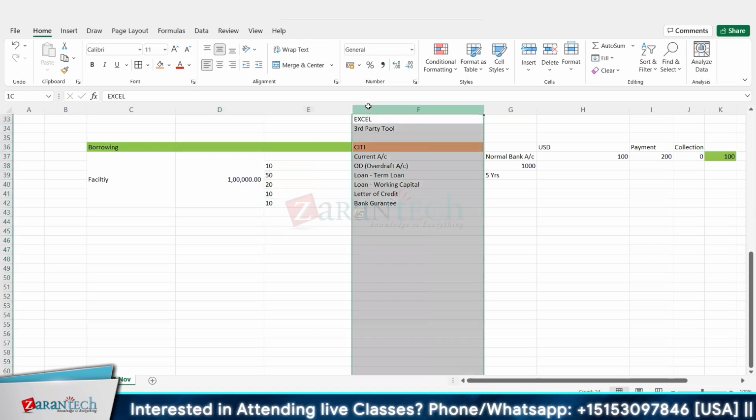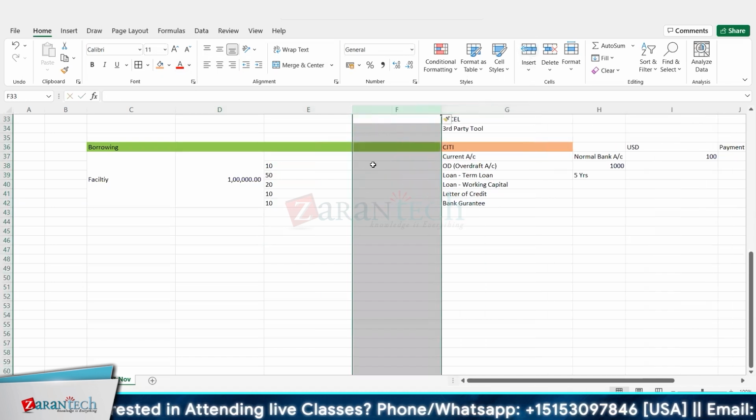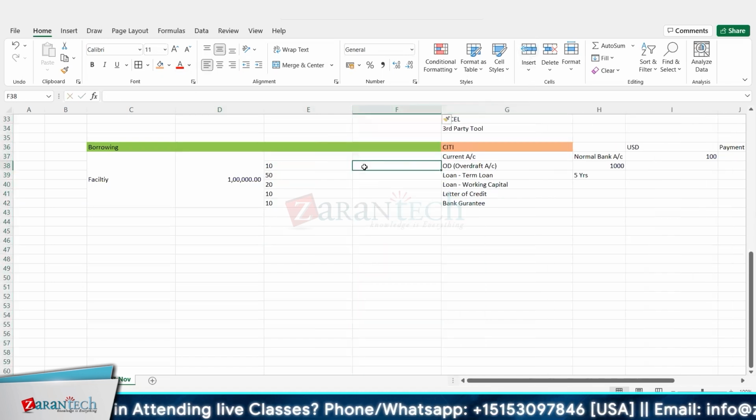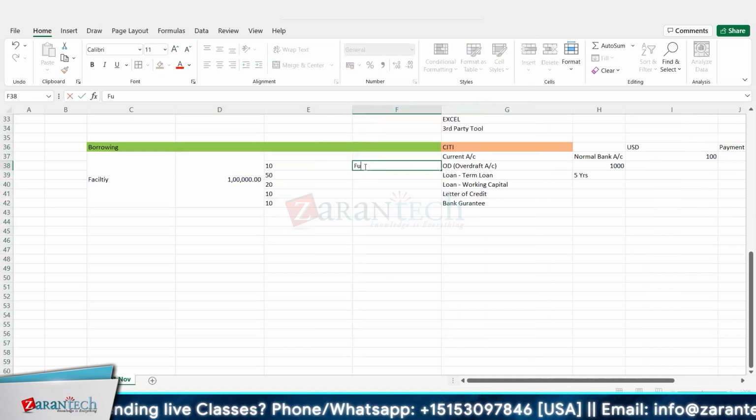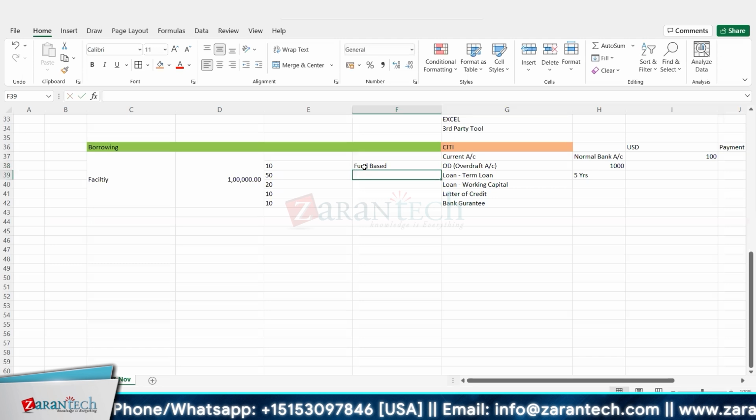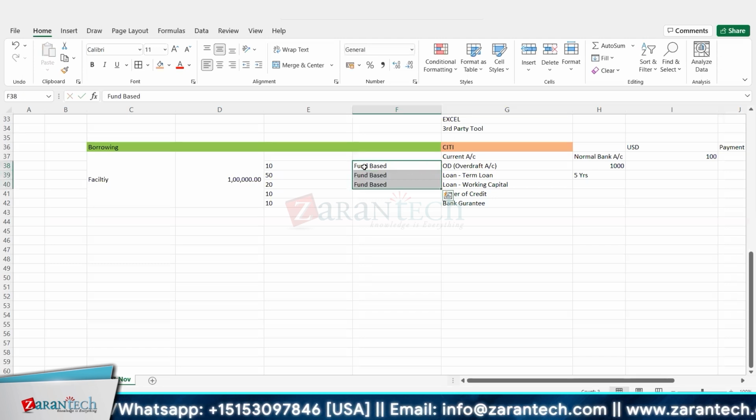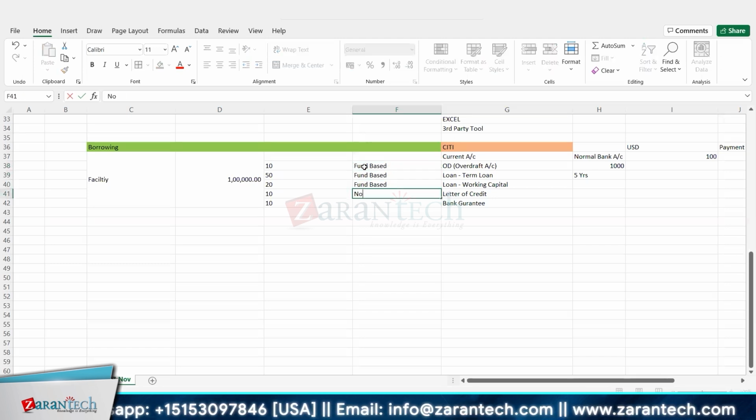Now, going by the definition, this we call fund based, because here an actual monetary transaction happens. This is called fund based facility, and the letter of credit is called non-fund based facility.